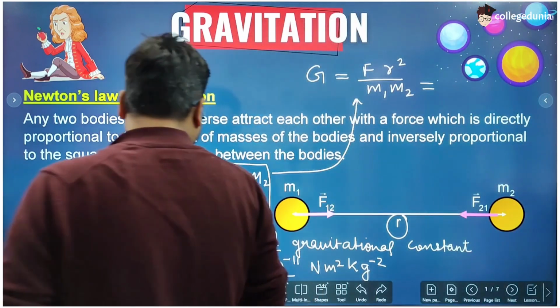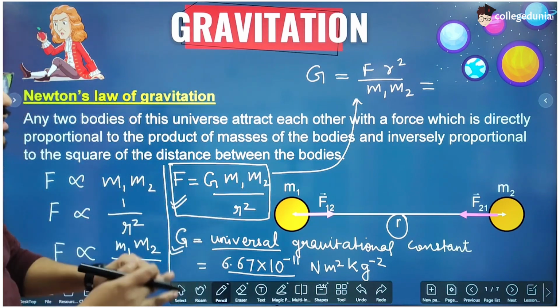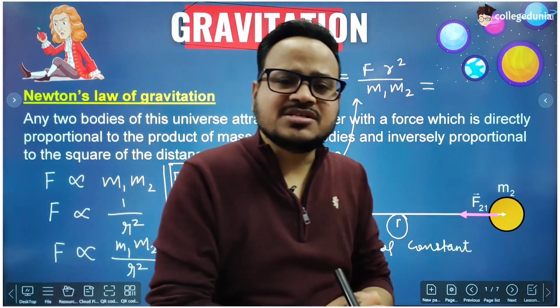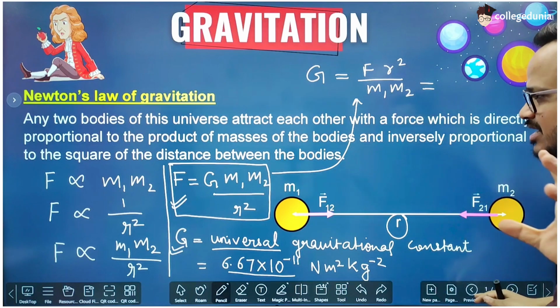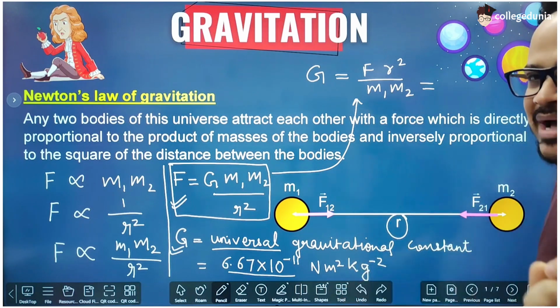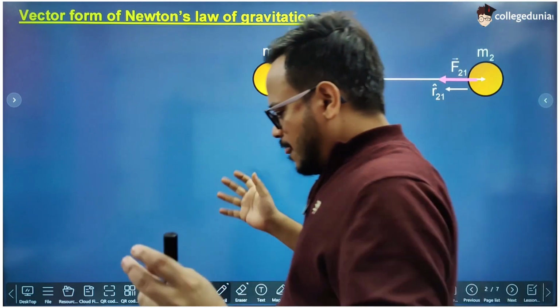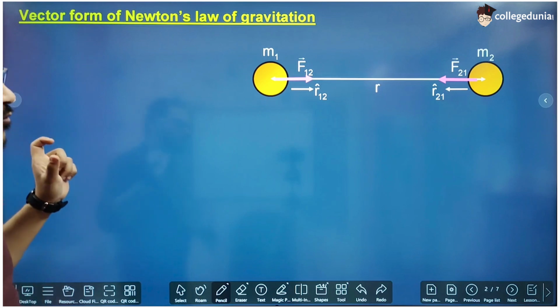So this is the formula. You all have studied this formula in class 9th, but that study was very shallow. There was not much discussion about this. So now we are going to discuss many important things about gravitation and many important questions also. First we will discuss the vector form of Newton's law of gravitation.